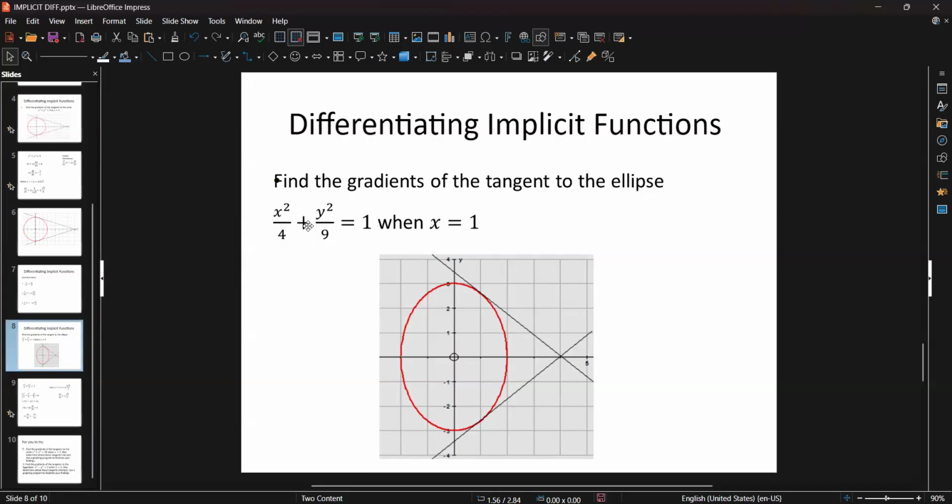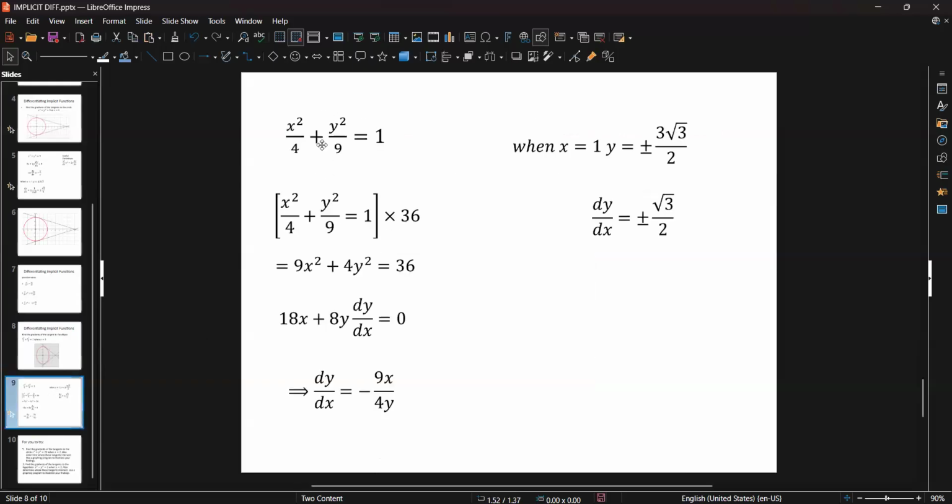Yeah. So let's differentiate. All right. So we differentiate, and this is a smart bit of algebra here. Instead of differentiating with these fractions, multiply everything by the LCM of 4 and 9, which is 36, and you get 9x squared plus 4y squared equals 36, right?